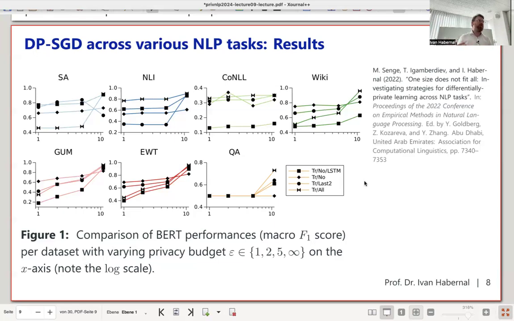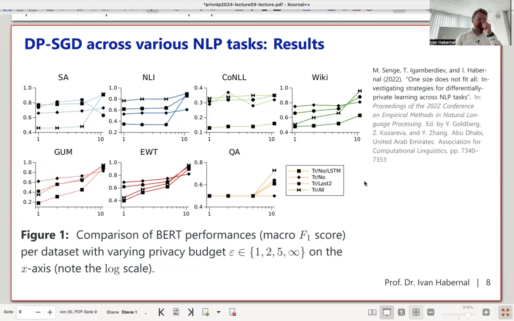It's a deep neural network. Some of them work better than the others, because now we have to know what it means for privacy. In privacy, the more parameters you're updating, the more noise you have to add, because the more dimensions you're trying to protect in a way. So the gradient is a bigger vector.